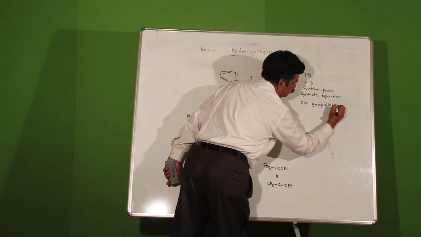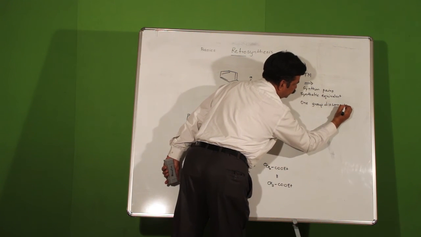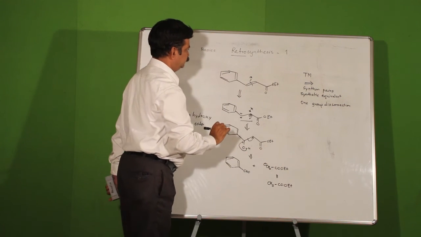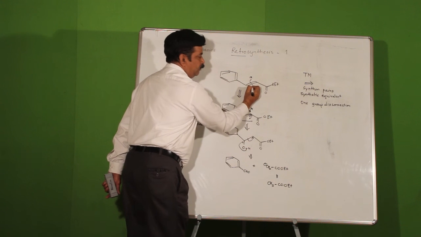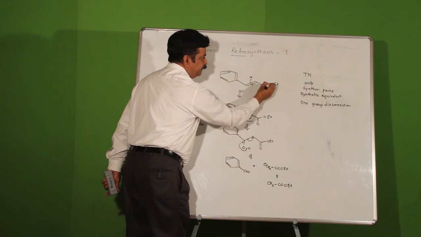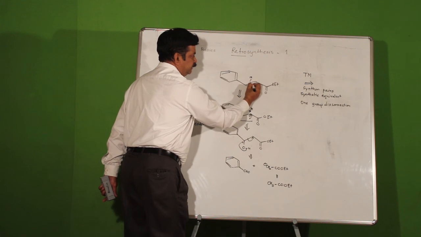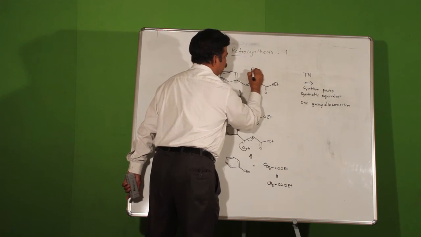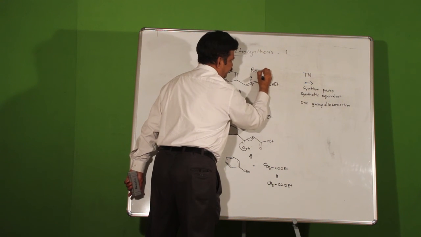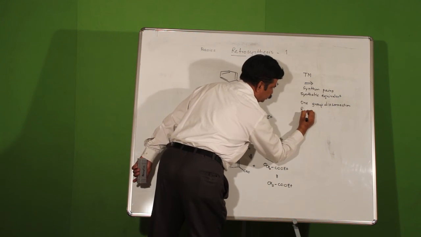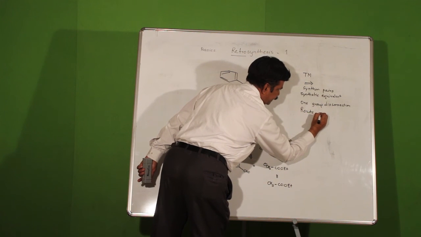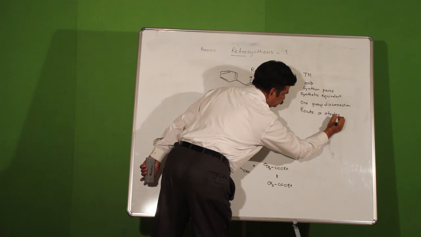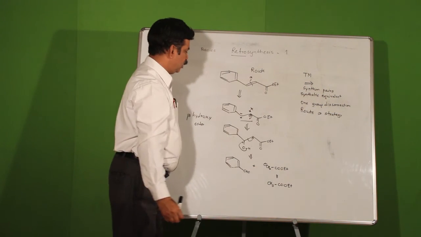This is another term. In this one we have not done any functional group interconversion. This is breaking of bond A. There may be other methods also, but as we have concentrated on only A, this can be called route A. So this is route or strategy. Another term involved.